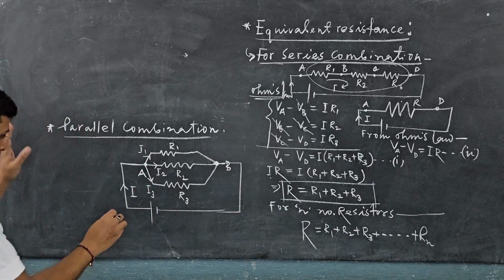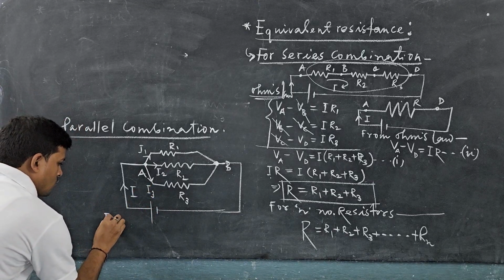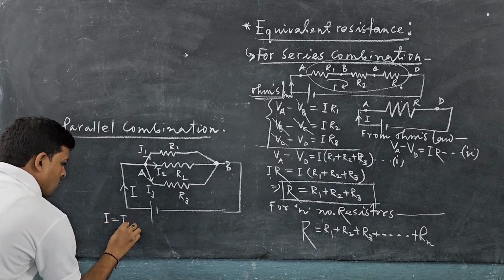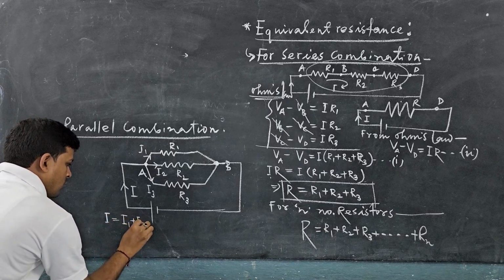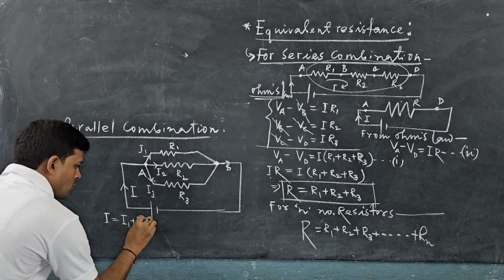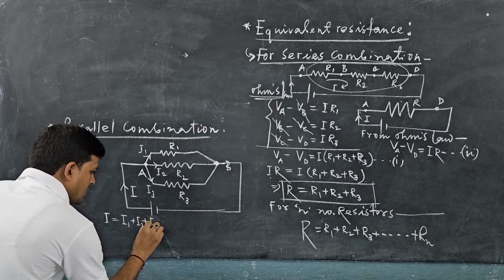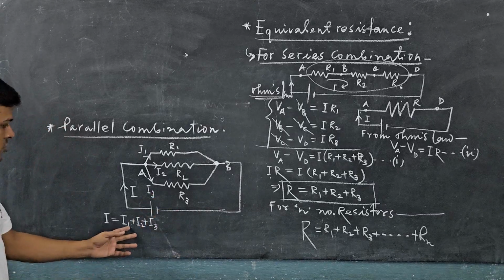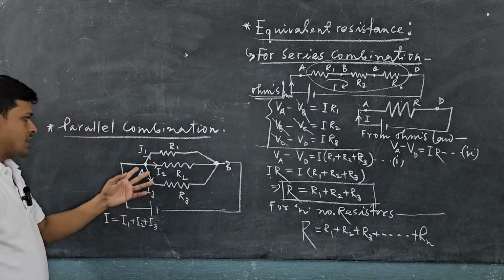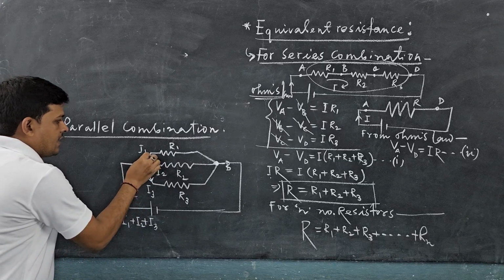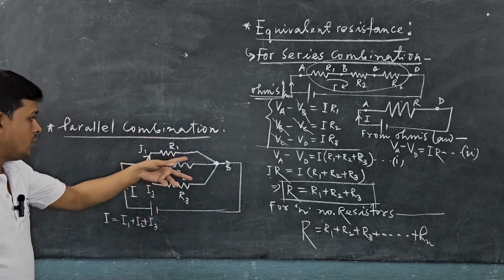That means the total electric current I flows through the circuit, through resistance R1 it is I1, plus I2 for the second resistor R2, and for R3 it is I3. This is the branching, or the electric current divides into three parts.